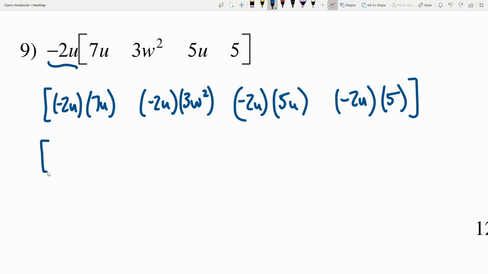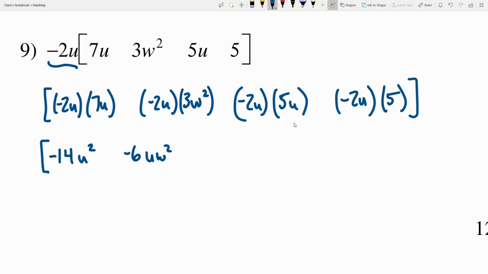Now, let's do out the math. Negative 2 times 7 is a negative 14, and u times u is u squared. Negative 2u times 3w squared, negative 2 times 3 is negative 6, and that's uw squared. Or you could write this as negative 6w squared u.